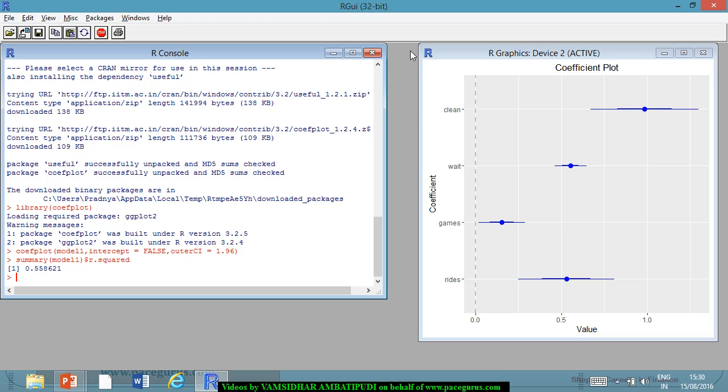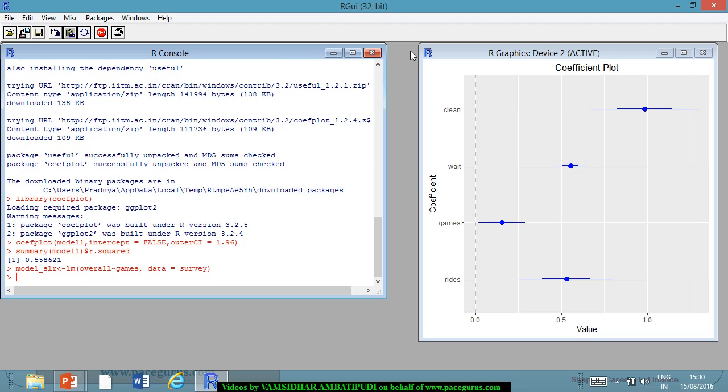Let me use another model, which contained the simple linear regression model. Let me call this model underscore simple linear regression. I'll take only the games here, I'll not take the other variables because it's a simple linear regression. Overall satisfaction I'll take only with respect to the games. So this is the model I got.